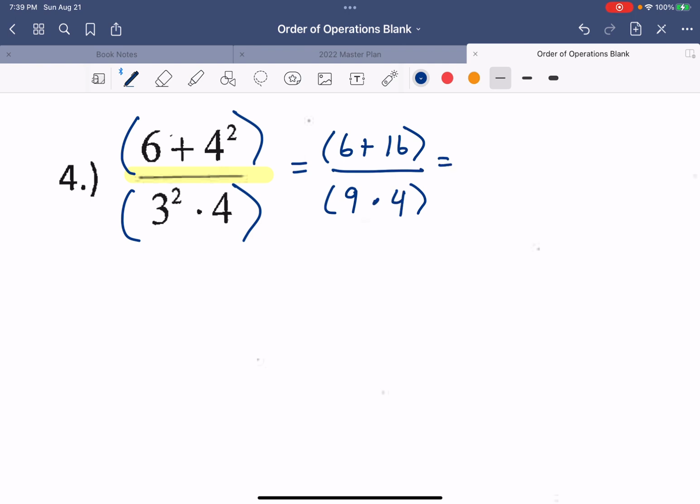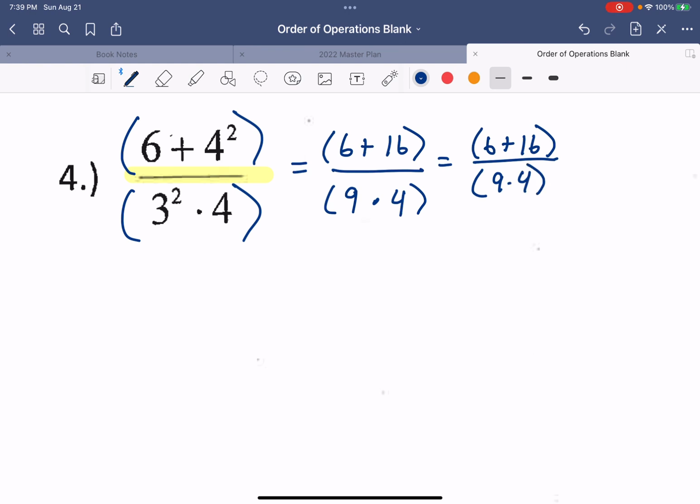Okay, we still have some problem solving to do. Let's do our multiplication on the bottom first. Now, this one is a little different because I know I said let's work left to right, right? Let me make that a little bit neater. But when you have this division sign in between the two, it makes it a little tricky. 9 times 4.